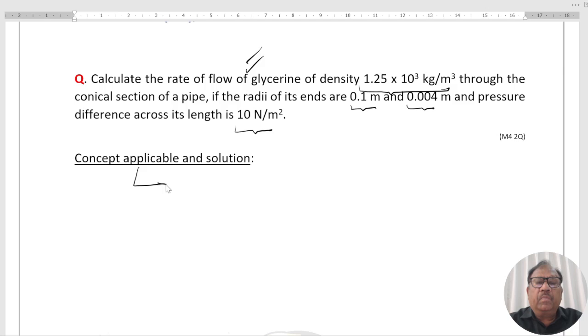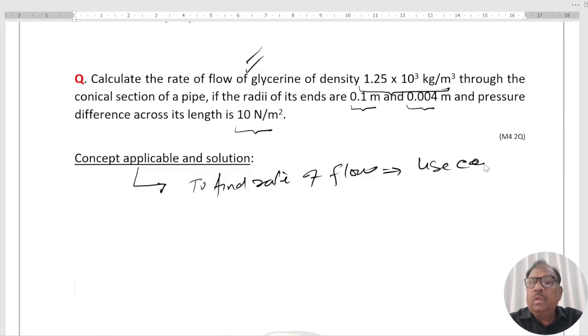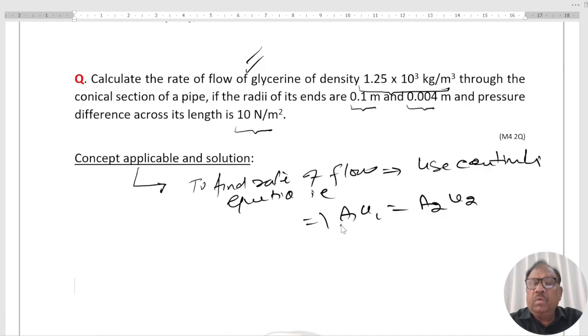Concept applicable. To find the rate of flow, use the continuity equation, that is A1 V1 equal to A2 V2. Right?